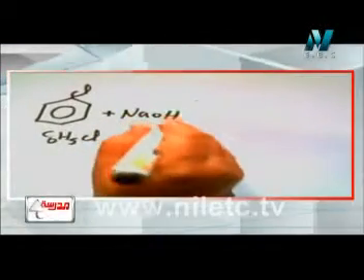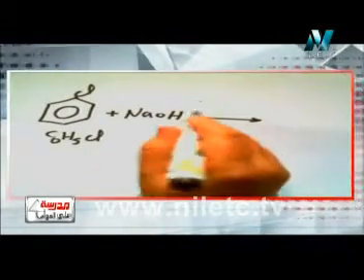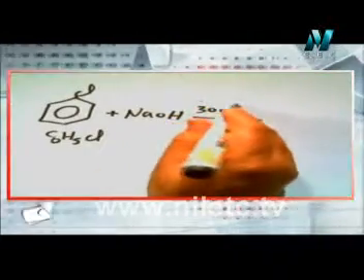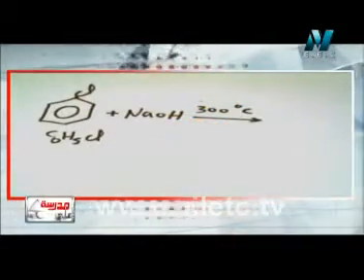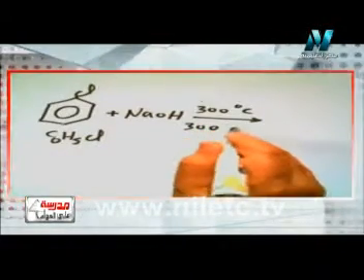Number one, we use a strong alkali such as sodium hydroxide or potassium hydroxide. Number two, we use high temperature, 300 degrees Celsius. Also we use high pressure, 300 atmospheric pressure.